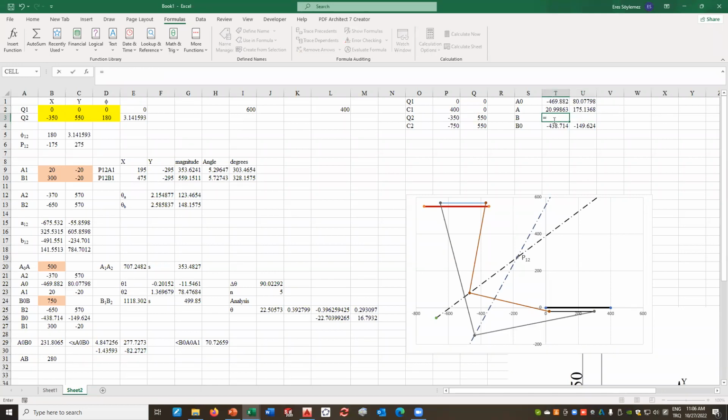B is equal to B0 plus B0B times cosine of the angle theta 1/4 directly, is equal to y coordinate of B0 plus B0B times sine of the angle theta 1/4.